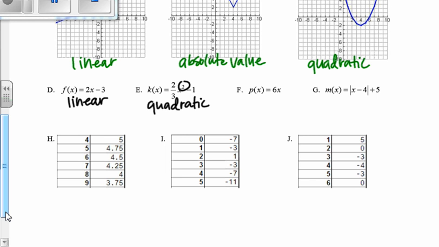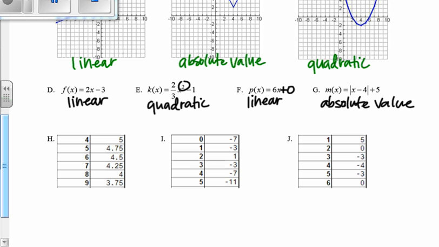F, again, it's in slope-intercept form, y equals mx plus b. You could put a plus 0 to really see it clearly. So that's linear. And G, our variable x is inside absolute value bars, so this is an absolute value function.